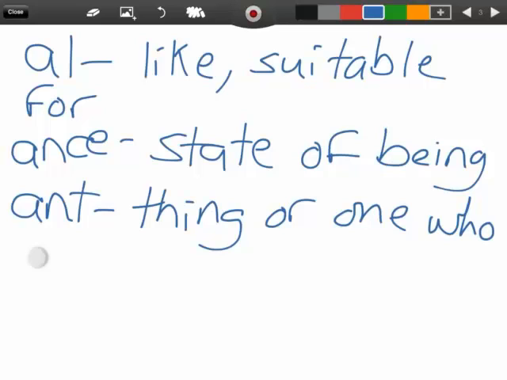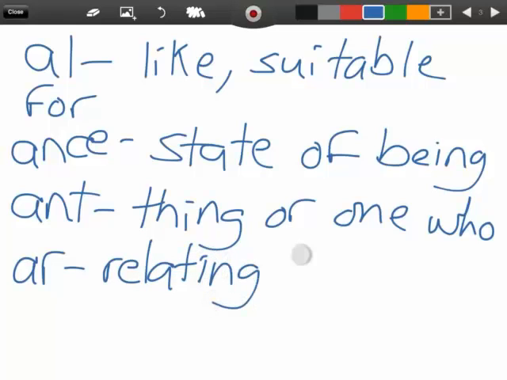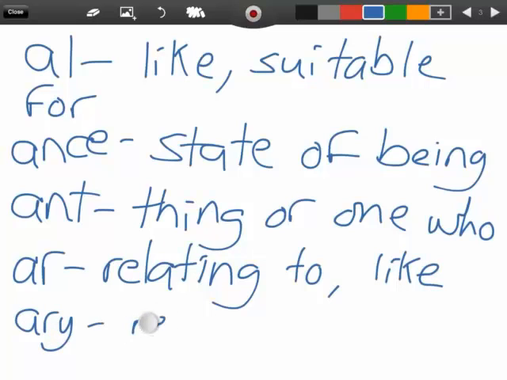Moving on to my next suffix is ar, and ar means relating to or like. Same with ary. Ary also means relating to or like.